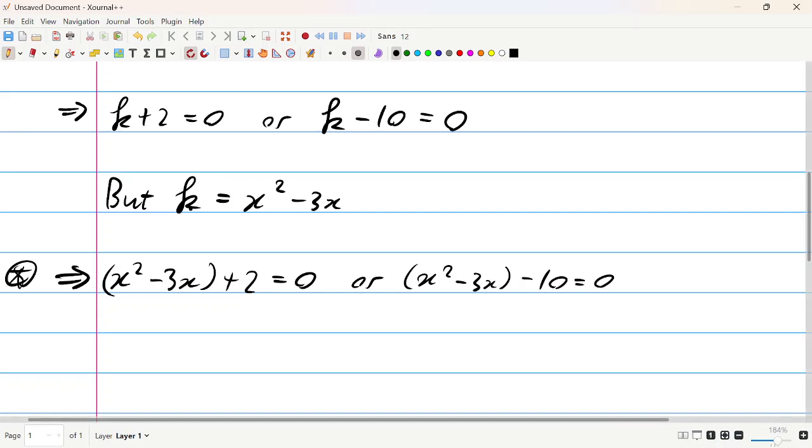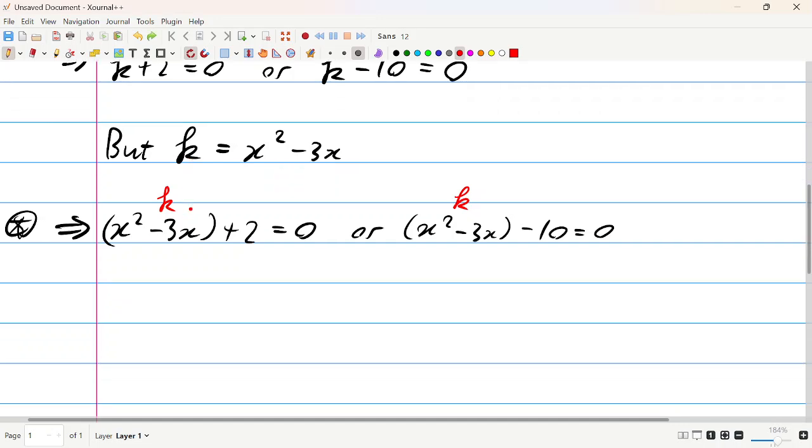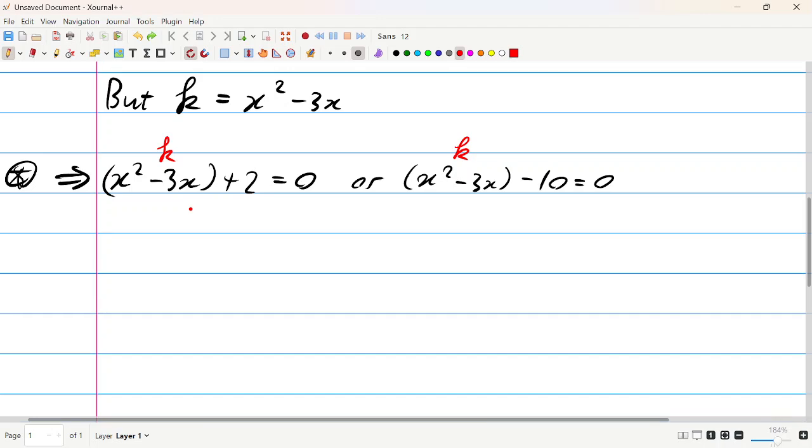Do you notice what just happened? Our k values, we just swapped into the form of an x expression. So now we can solve for x instead of k. Okay. So therefore, we can say here, it's just x squared minus 3x plus 2 equals 0.